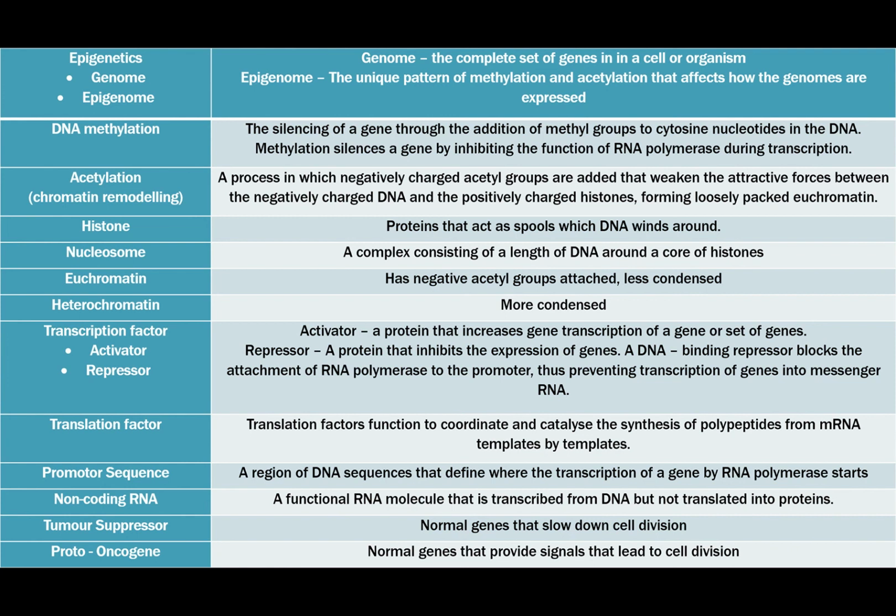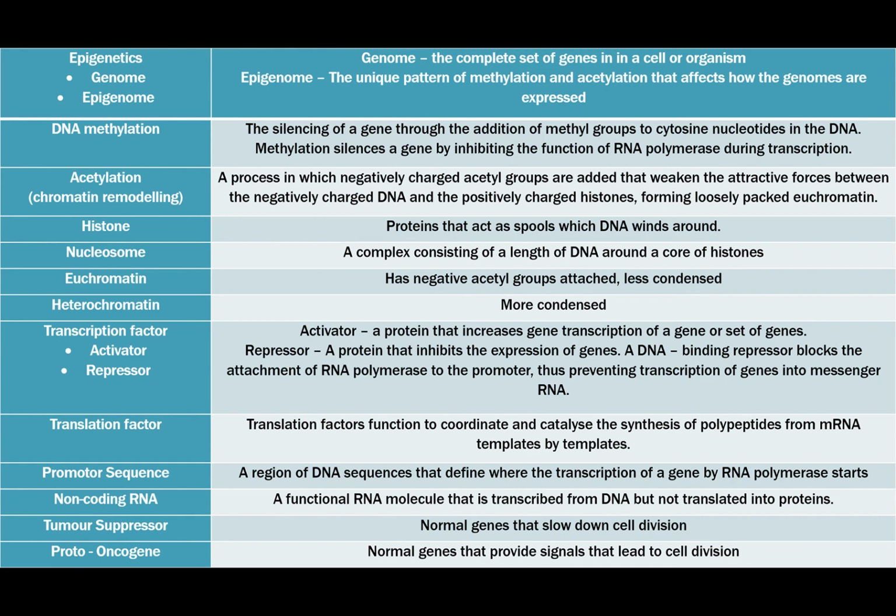Translation factors function to coordinate and catalyze the synthesis of polypeptides from mRNA templates. So transcription factors take care of the transcription side and translation factors take care of the translation side.